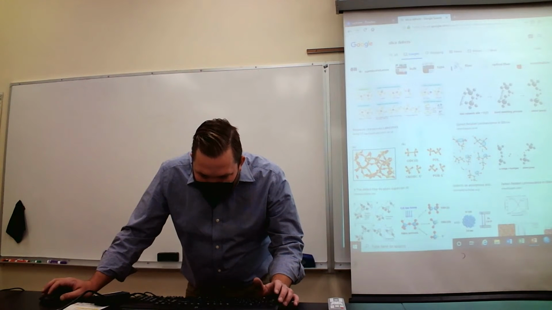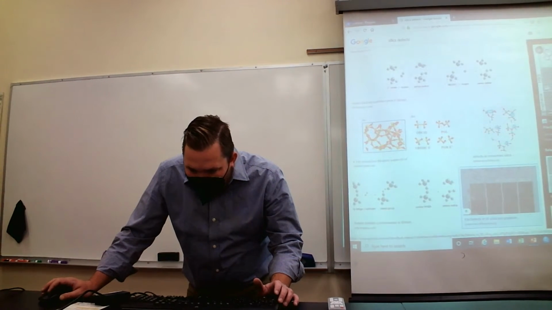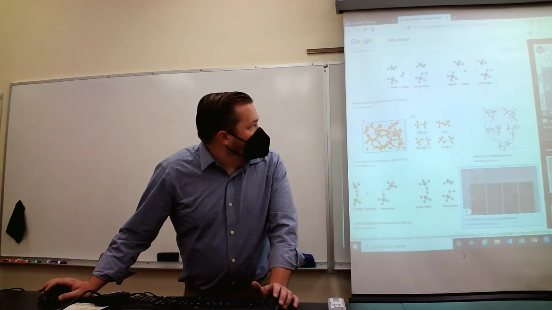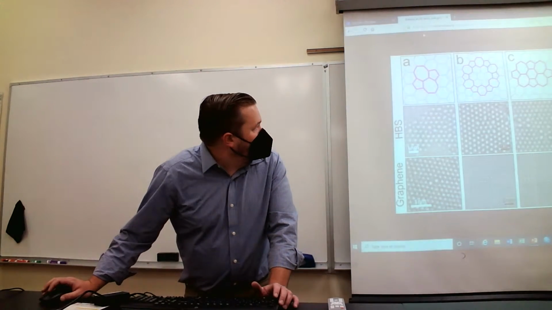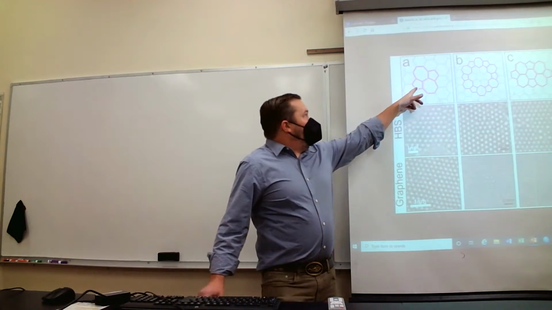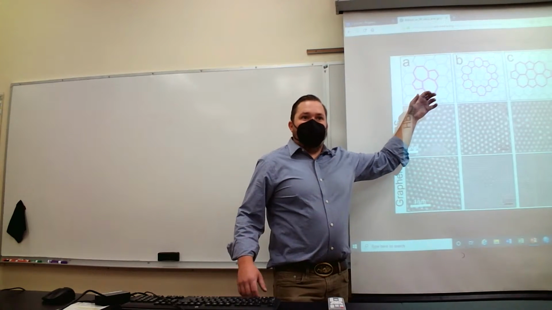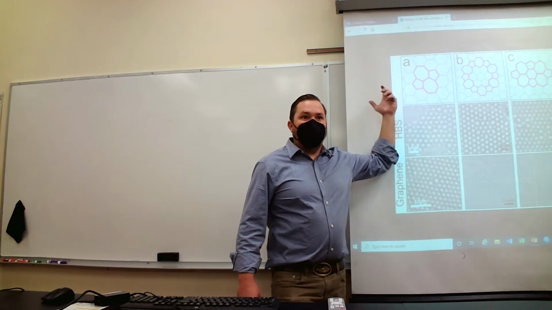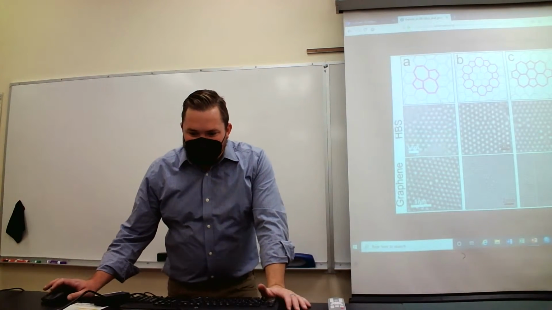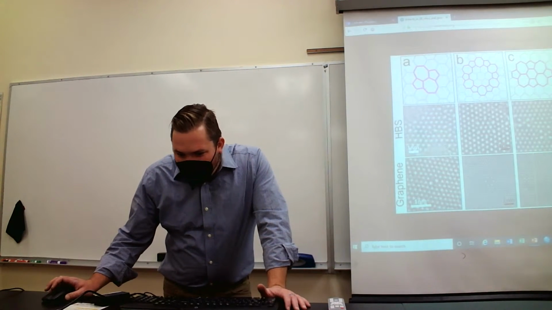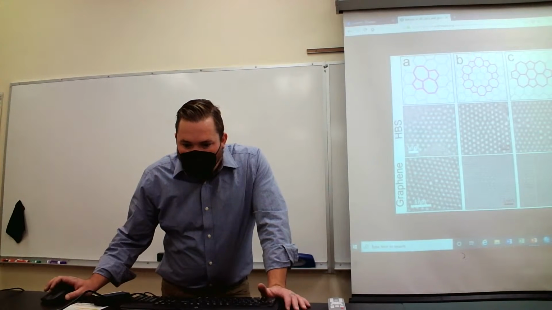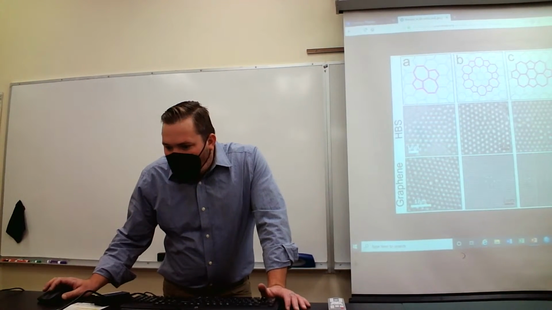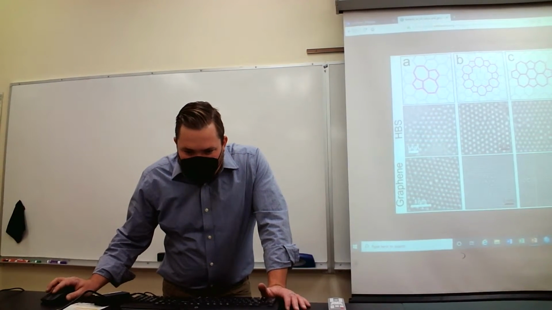Maybe instead of making perfect six-sided rings when you look down it one way, maybe you left out a couple atoms and you get this. This is actually for graphene, so these are all carbons in this case, but it looks very similar when you have defects in silica.